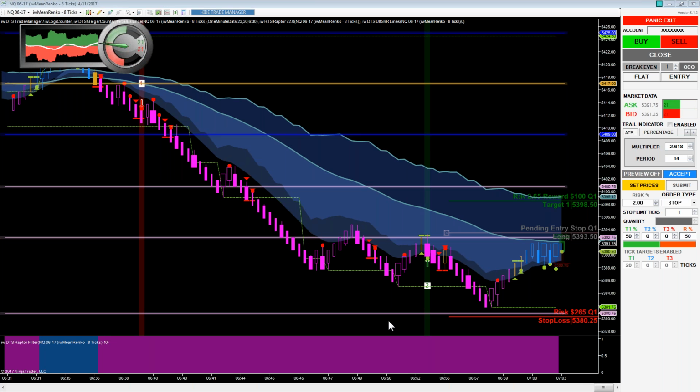The Raptor, of course, will pick up on the perfect ones, but sometimes you're going to get something that has all the criteria, but is slightly imperfect. And you're going to have to be able to make a judgment call. Case in point, the possible soft edge buy signal that we have forming here.